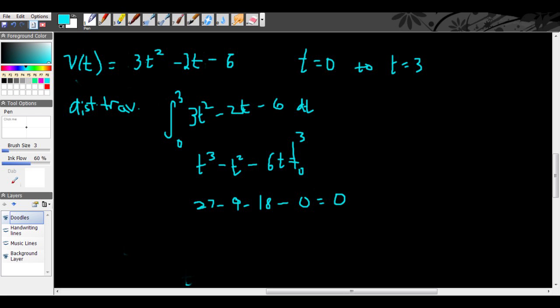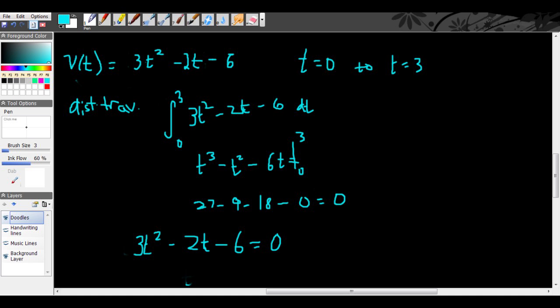So to figure out where the velocity changes direction, we need to figure out where it equals 0. So we're going to set our velocity equation equal to 0: 3t squared minus 2t minus 6 equals 0. I'm really sorry I'm stuttering over this. I don't know why.